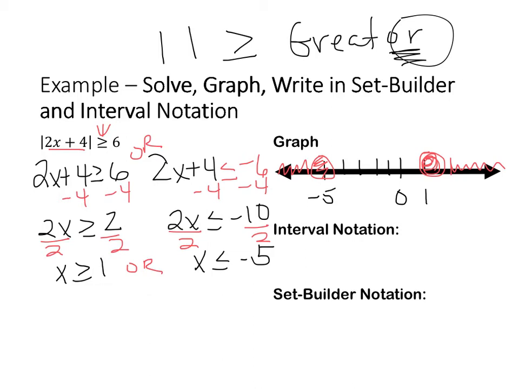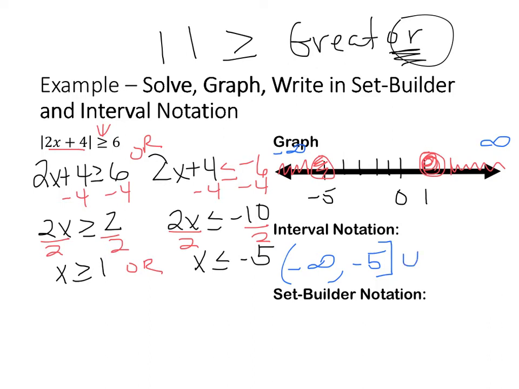Interval notation: start point, comma, stop point. I'm going to put my negative infinity over this arrow and my positive infinity over this one. I start shading at negative infinity and it stops at -5. -5 has a closed dot, so it has a bracket. Everything else has a parenthesis. And it is OR between them.